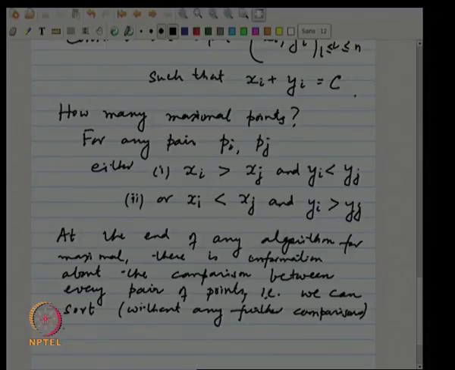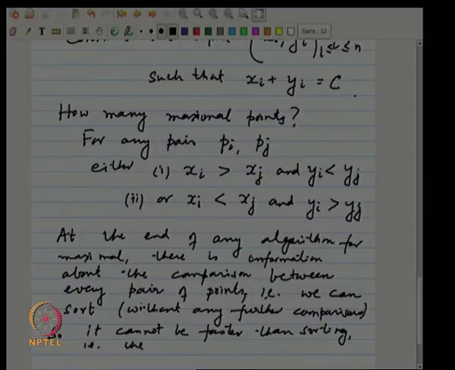Right. So, it cannot be faster than sorting; the lower bound of sorting applies.